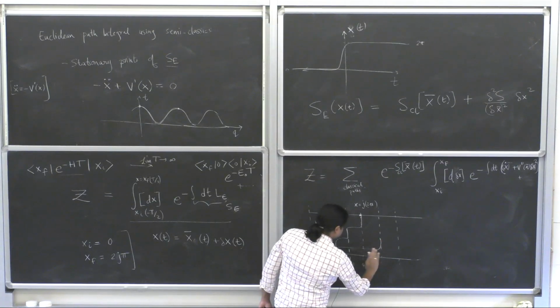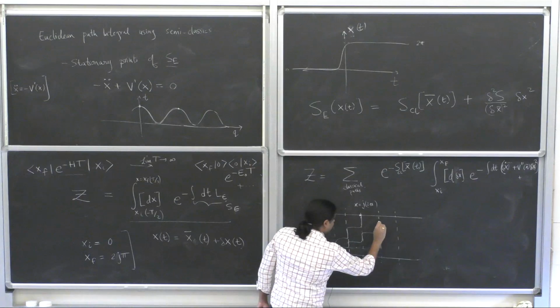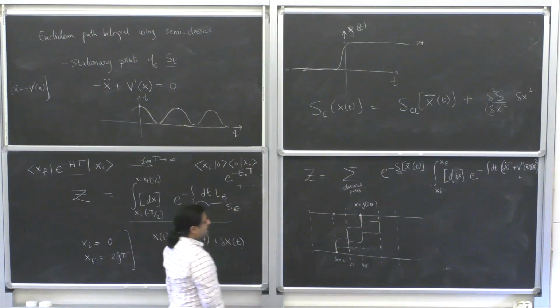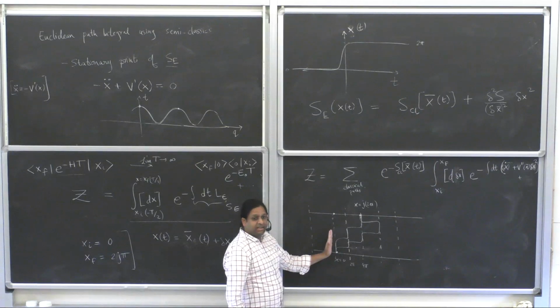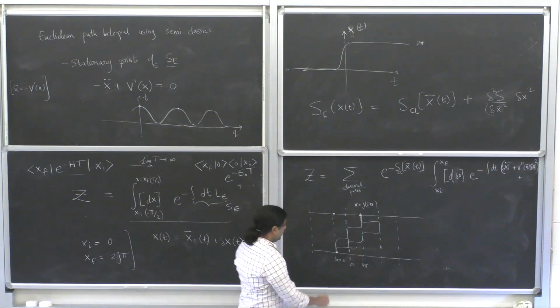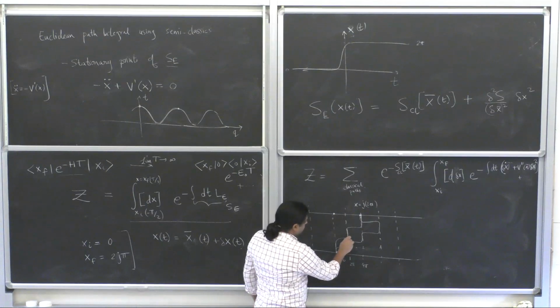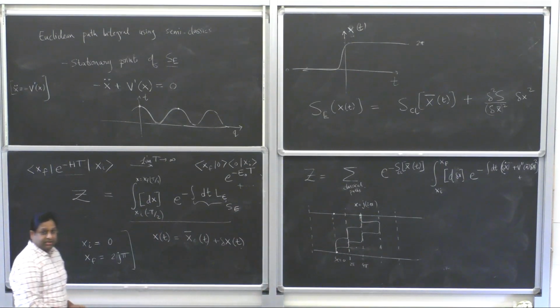And you can go here, and then come back here. So all of these paths which spend a long time at the minimum of the potential, and then tunnel to another minimum, and then spend a long time, all of these paths are stationary paths of the Euclidean action.